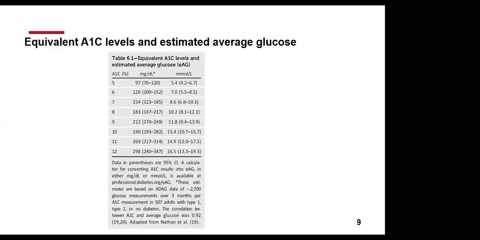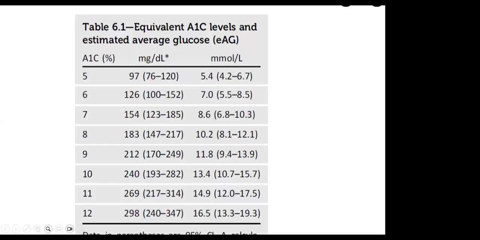So I added this table. I don't know whether it is very clear, but I added this because it is very important when you are evaluating your patients in areas where you're not able to get some of the A1C values, or if you have the A1C values but you cannot get the glucose values.